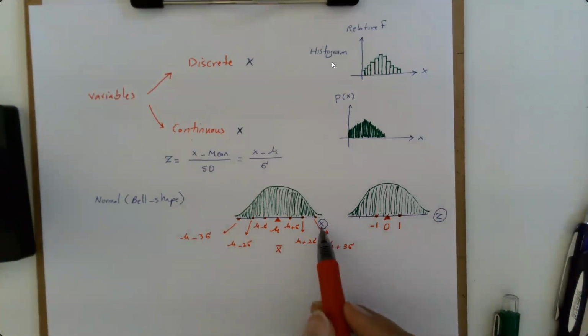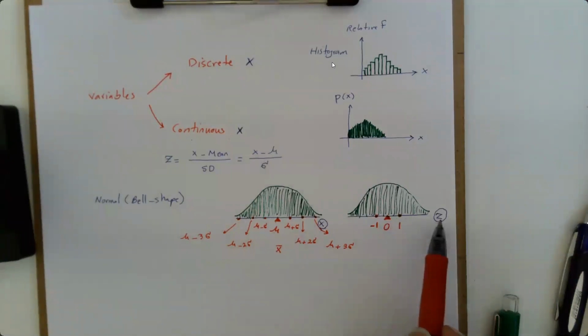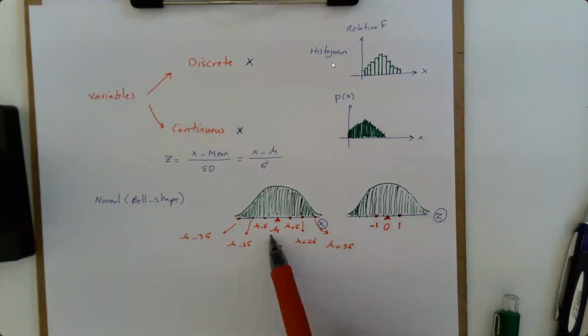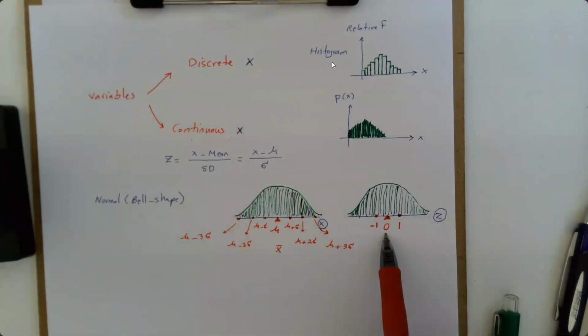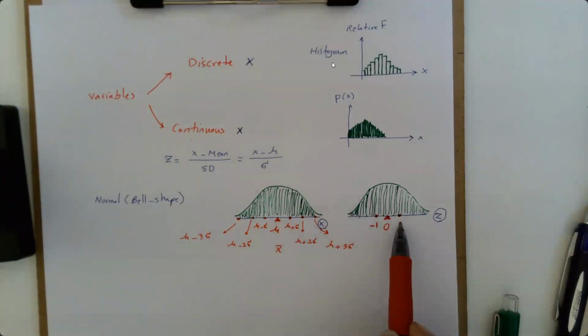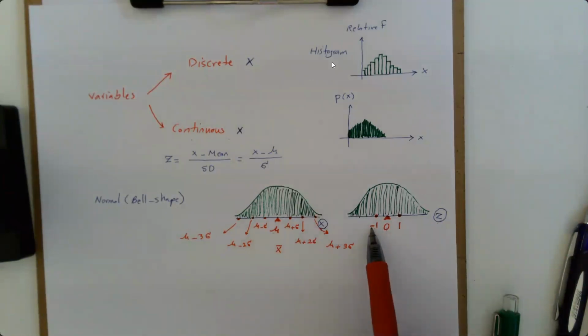So see the difference between these? When you're working with X, the middle number is mu, the mean of the population. When you're working with Z scores, the typical value, the center, is nothing but 0. Mu shifted to 0. Mu plus sigma is now 1. Mu minus sigma is now -1.